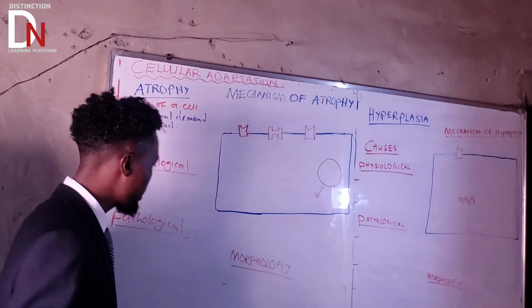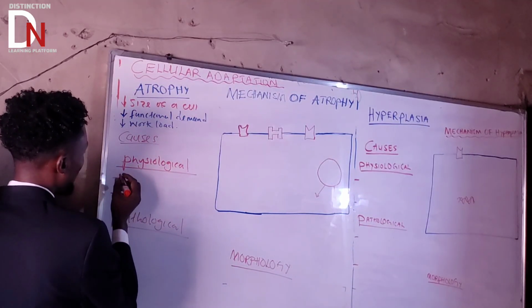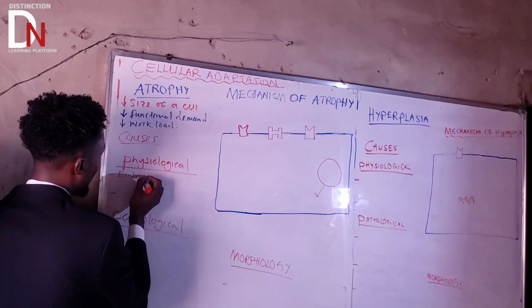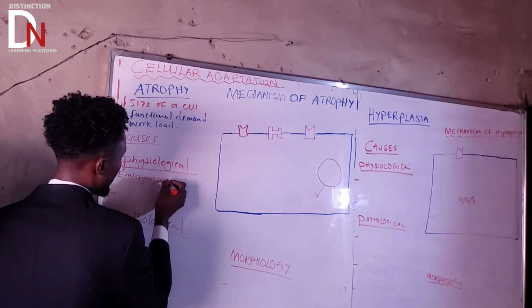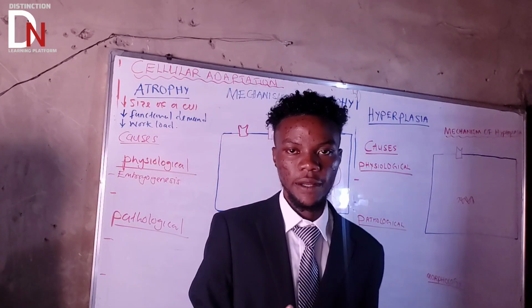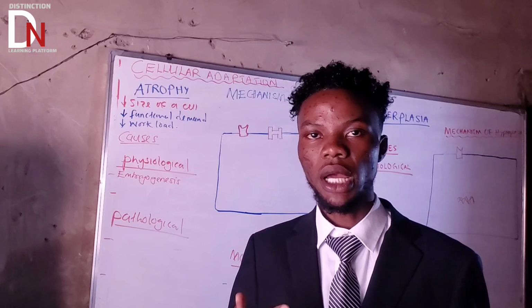What is the first physiological cause of atrophy? Remember that there is what we call embryogenesis. Under embryogenesis, I can give a good example of where atrophy occurs.